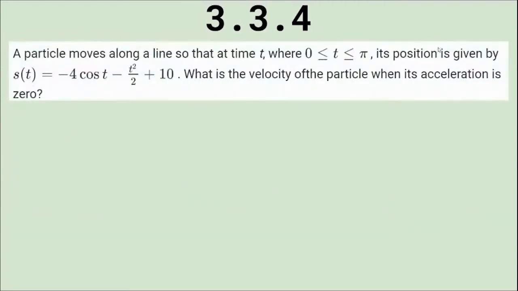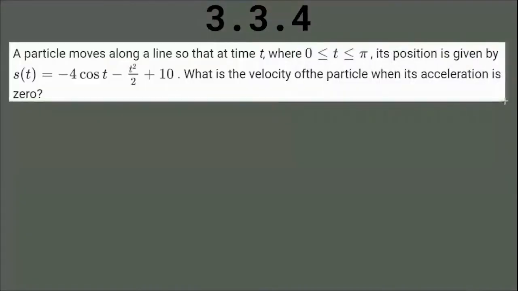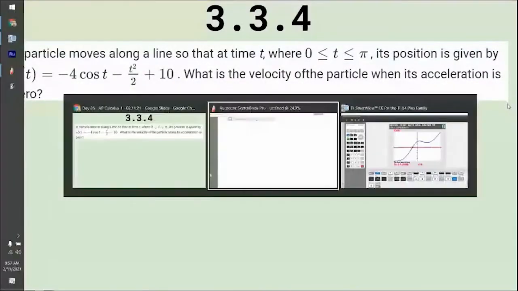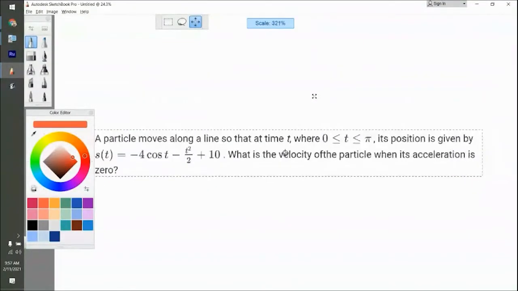Here is what a physics problem looks like in calculus. It says S of t, but just treat that as x of t. I only have 3 minutes to do this. All right.